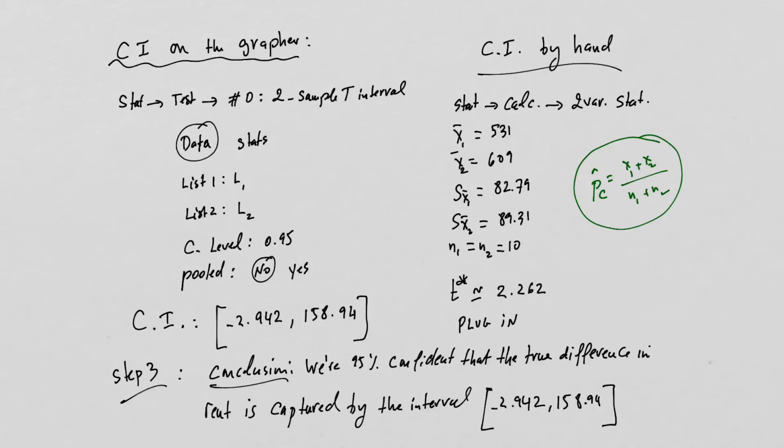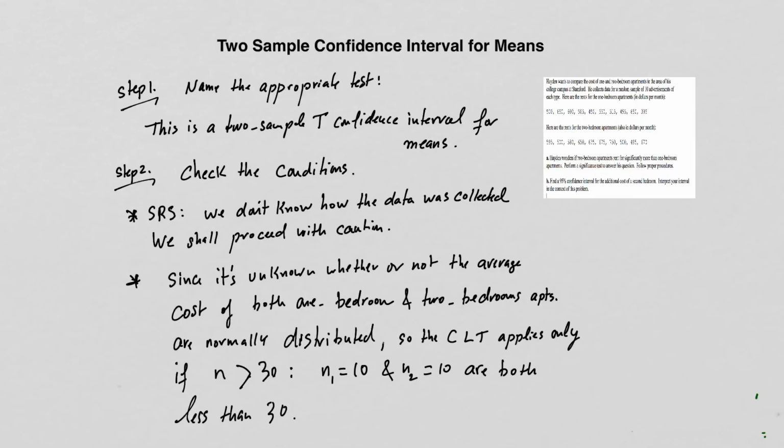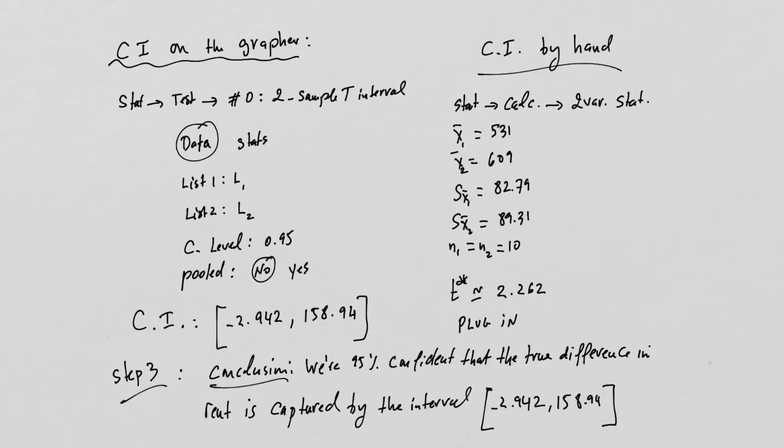So generally speaking, we don't pool, and that's what I said last time, but for whatever reason, I ended up circling yes instead of circling no. So make sure you circle no in the previous problem. It's actually question A of the same problem we're working on today. It's this question. All right, so we don't pool, and then you get the interval right away.